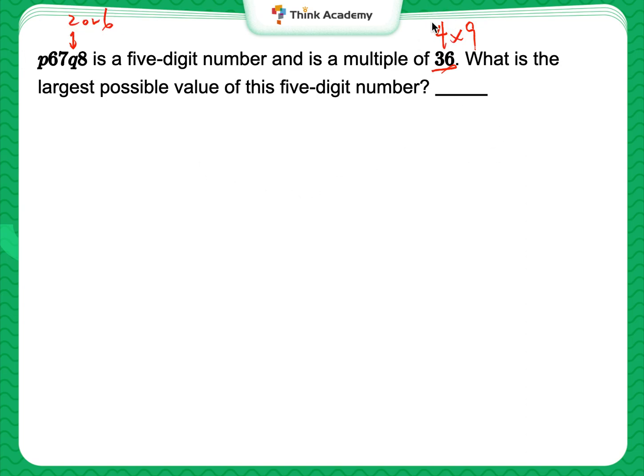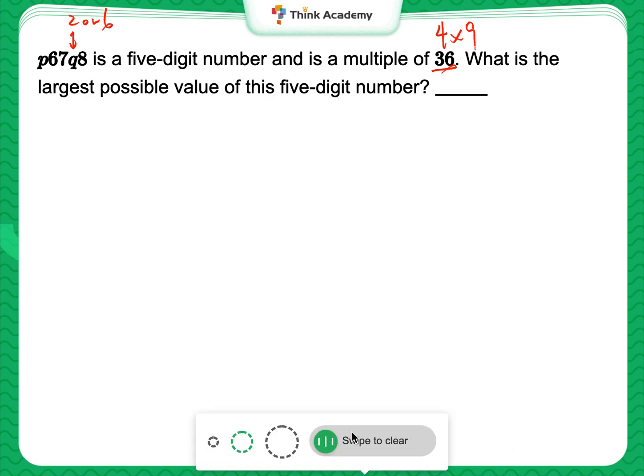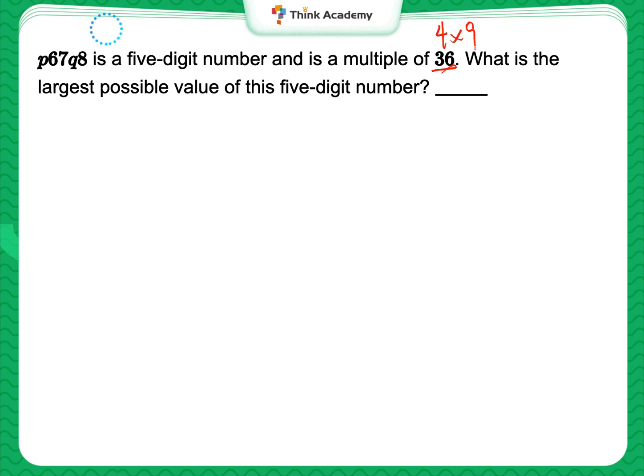Right now we can see that if it needs to satisfy the divisibility rule of 4, then the digit Q must be 2 or 6. Actually, it's more than 2 or 6. It can be 2, 4, 6, 8, 0, so basically any even number.